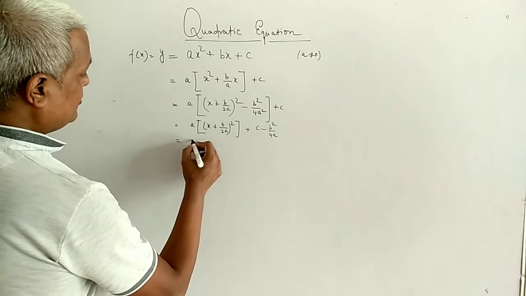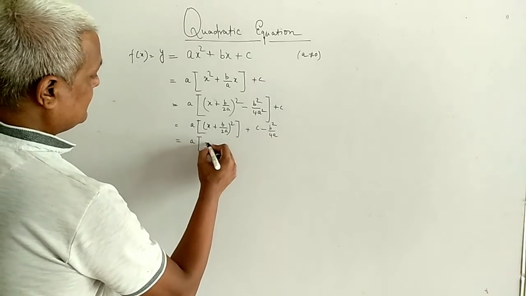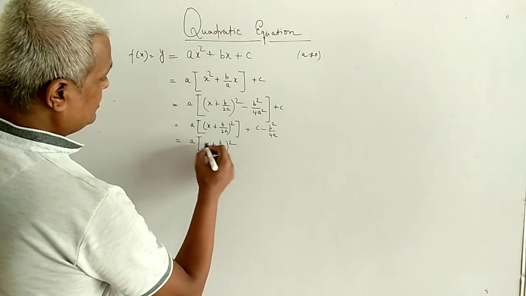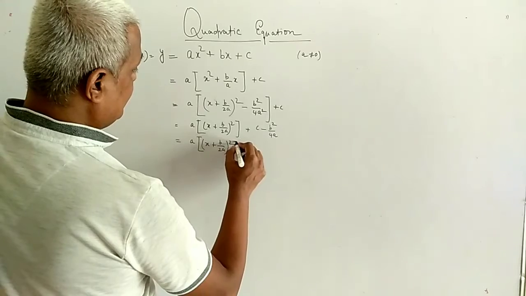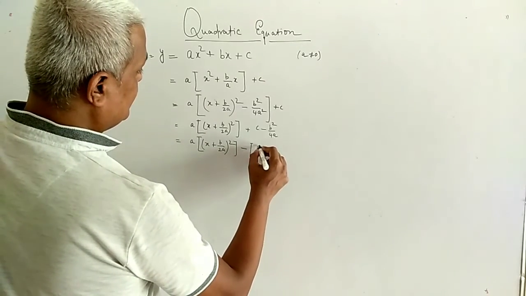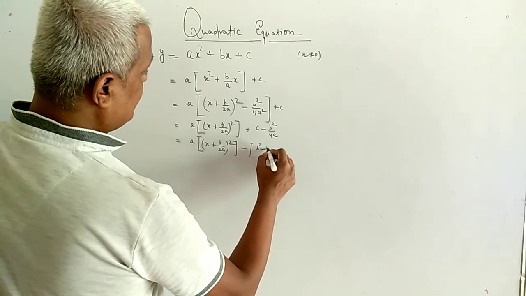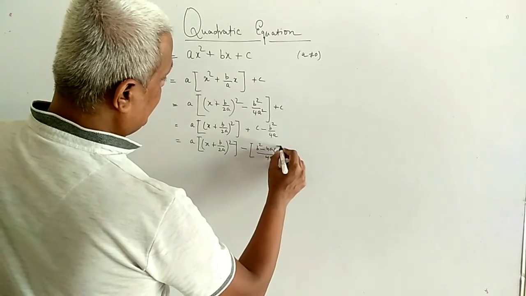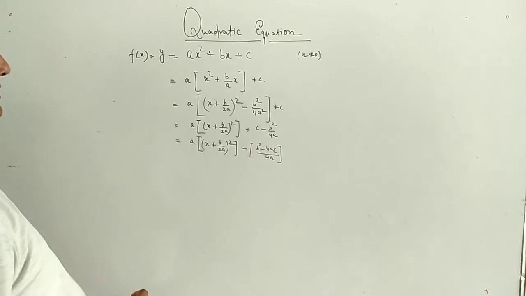And if you want to write it as x plus b upon 2a whole square, then if you write minus here, you get minus b square minus 4ac upon 4a. It will become like this. So this is what we are getting.